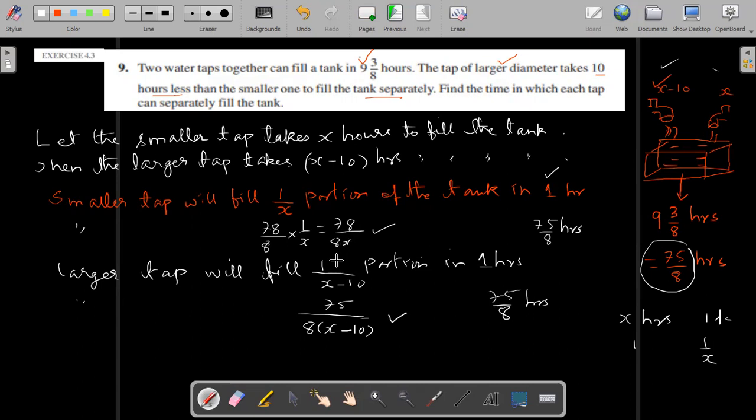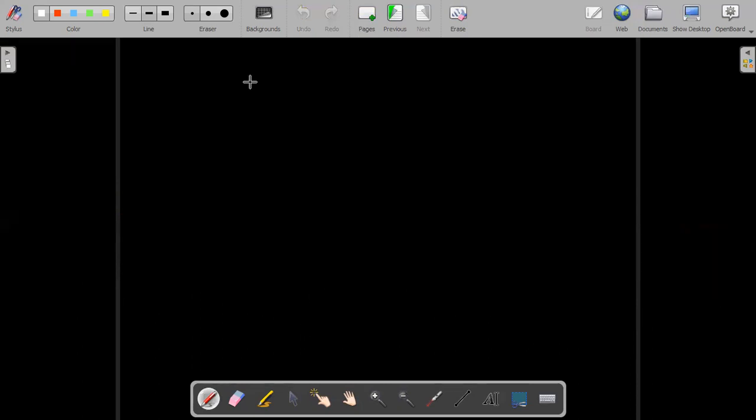So we will add 75 by 8x plus 75 by 8 into x minus 10. Are you getting my point? 75 by 8x is the portion filled by the smaller tap, and 75 by 8 into x minus 10 is the portion filled by the larger tap, and this whole portion will be equal to 1, the full tank.